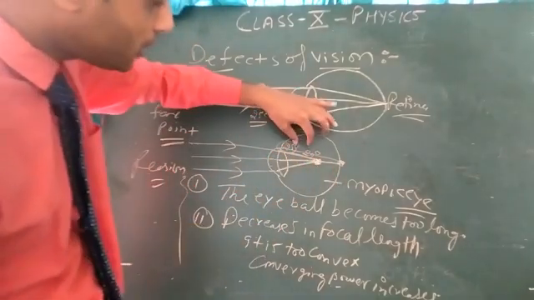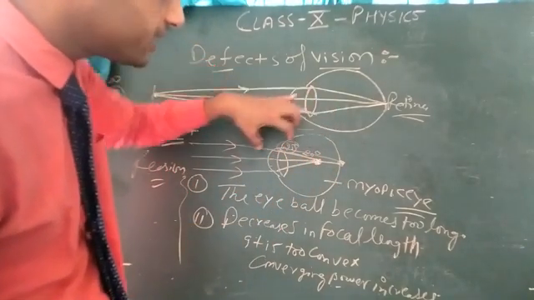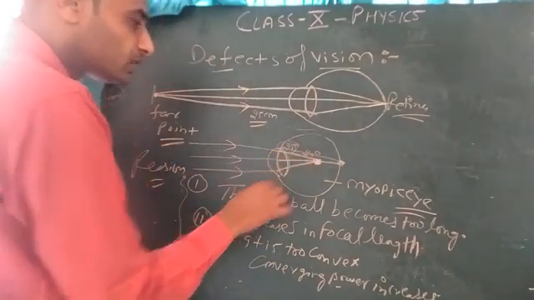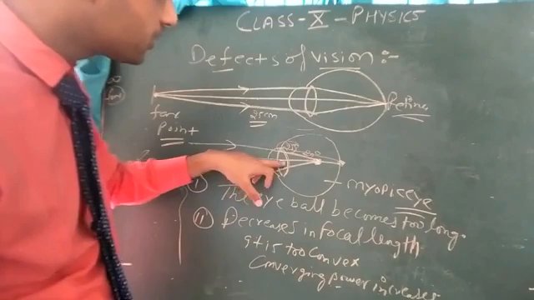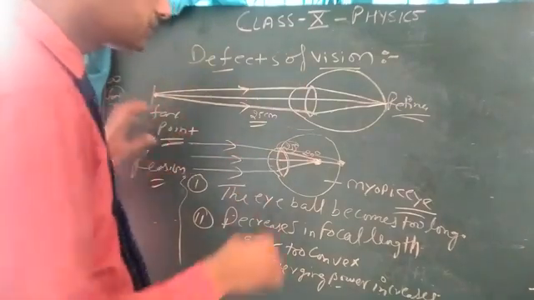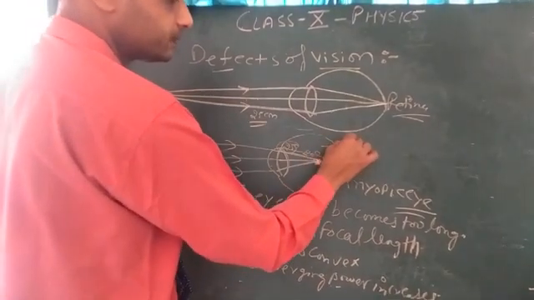It means there is a 5 degree difference, and this arises due to the increasing converging power of the eye lens. It means we have to balance this 5 degree.